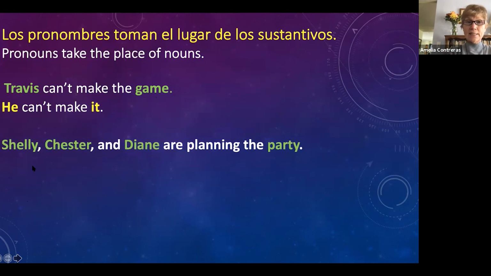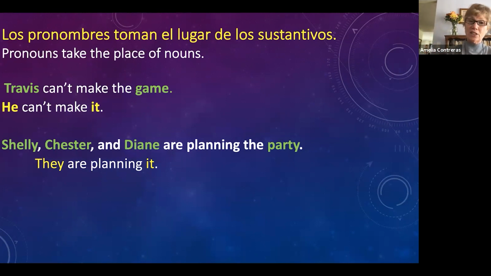Here's another sentence with 3 proper nouns. Shelley, Chester, and Diane are planning the party. These are proper nouns. And here's just a regular noun, a party. It's a thing. But if I don't want to say Shelley, Chester, and Diane again, I can say they. They is the pronoun that represents a plural, when you have a group of things.